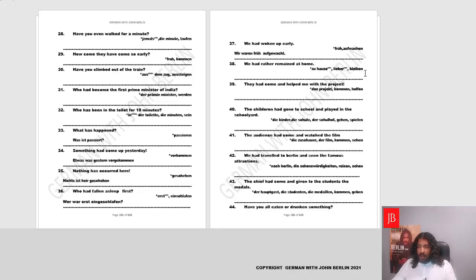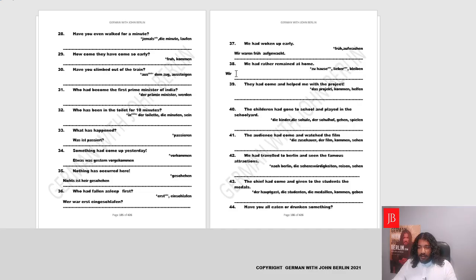Wir waren früh aufgewacht. Moving forward, we had rather remained at home. Now again, you remember the verb to remain. Let's find out how it will be used. So first, who had? We'll write wir. Now we'll look at the main verb to determine the helping verb. To remain as an exception always has sein as the helping verb. So we'll use sein. The tense is past.